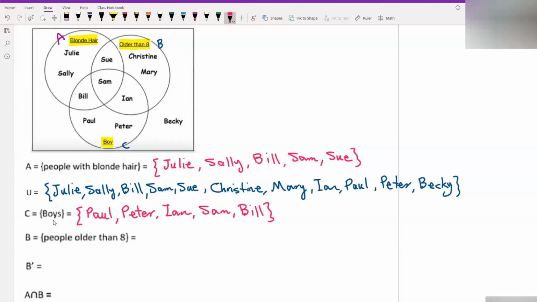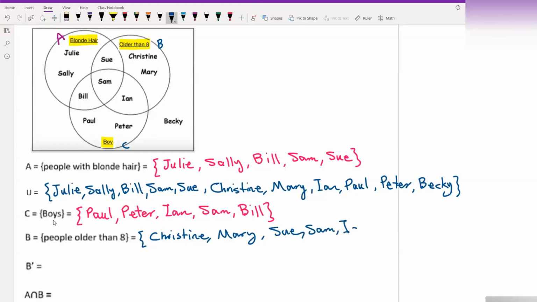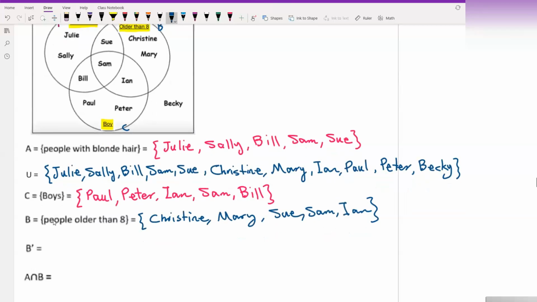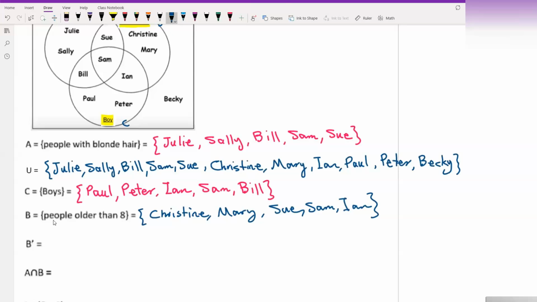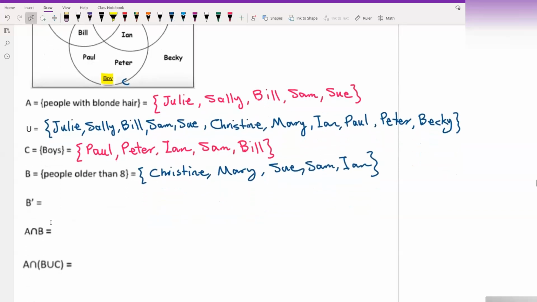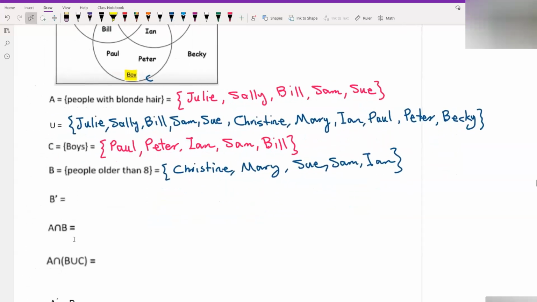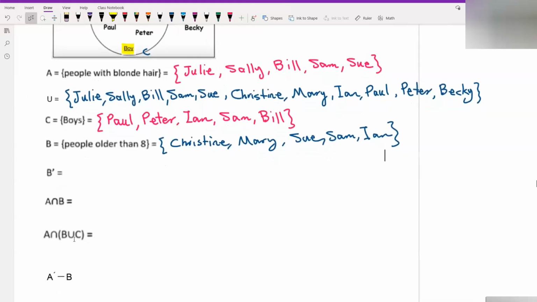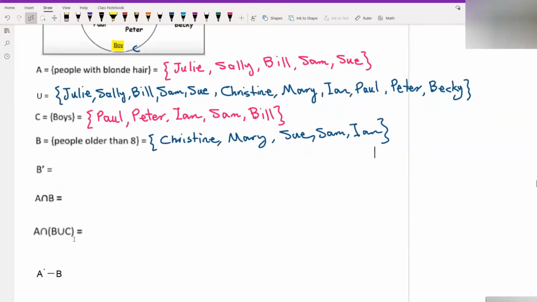Next one is set B. Okay, now that we have all these sets, we can answer.